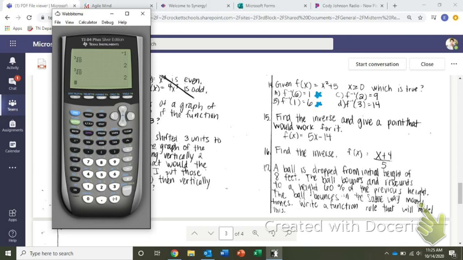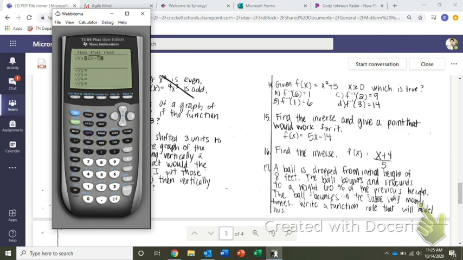We have a 1, 6, a 2, 9, and a 3, 14. So what this is wanting you to do, okay, you're going to your y equals. You were plugging in the inverse function. It was the square root of x minus 5, okay?